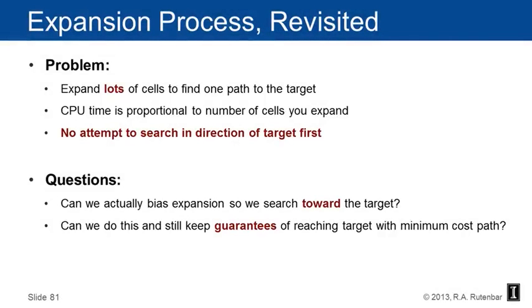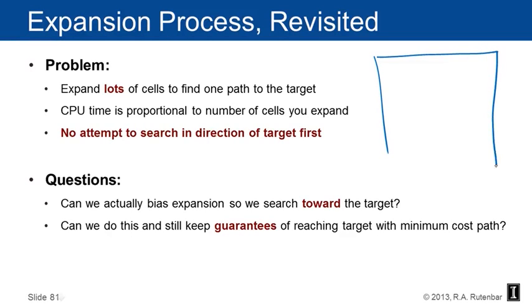So in this, the third of our three lectures on the implementation mechanics for maze routers, I want to talk about one specific enhancement to the expansion process. So here's just a true fact. You expand lots of cells to find one path to the target, and the CPU time is proportional to the number of cells you expand.